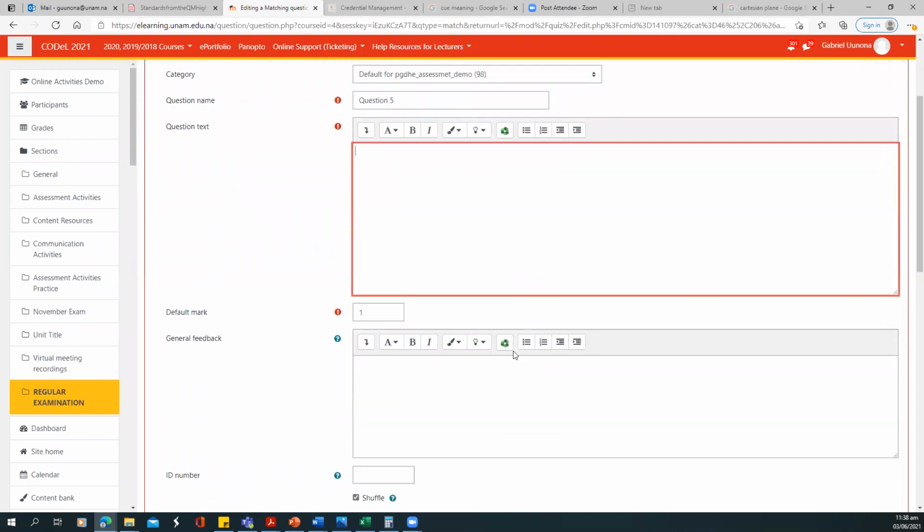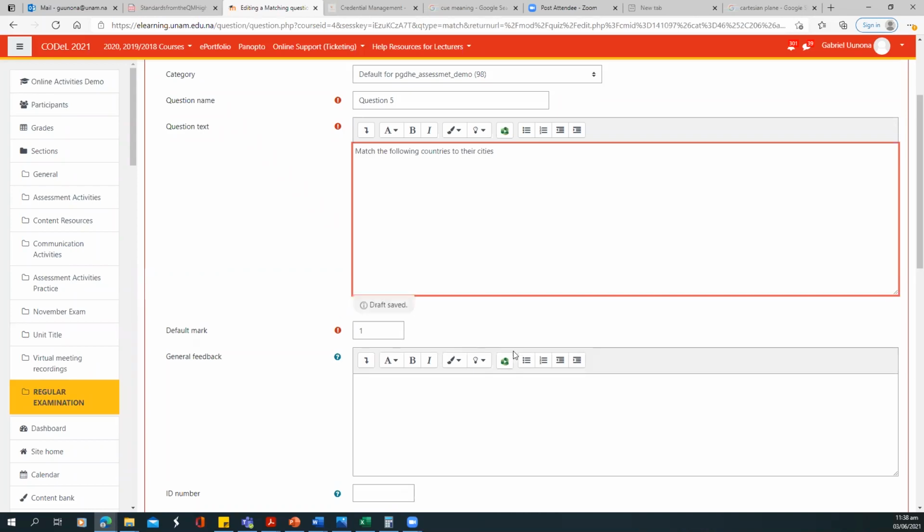For simplicity, I can say match the following countries to their cities, for instance. But you could match almost anything. In engineering, you could match problems to possible solutions, or problems to possible causes.